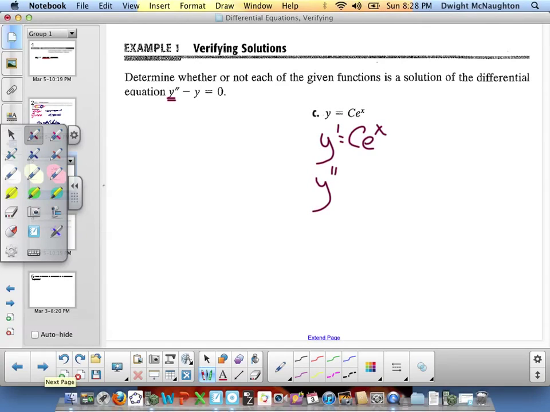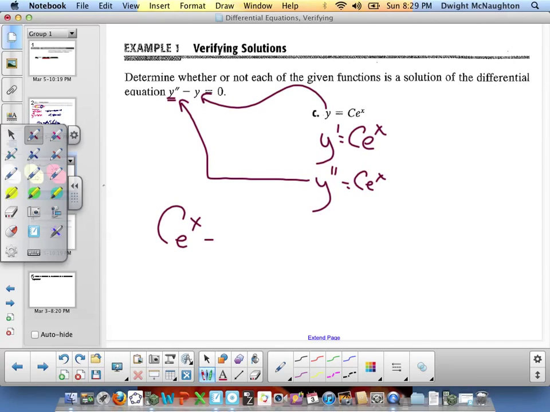Our second derivative is also ce to the x. As we plug those in, we get ce to the x minus ce to the x equals 0, which is what we're supposed to have. So yes, this is a solution.